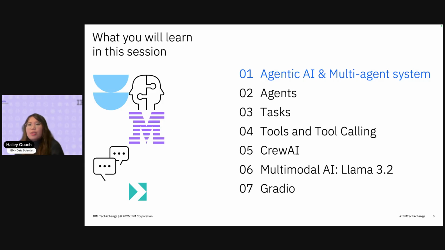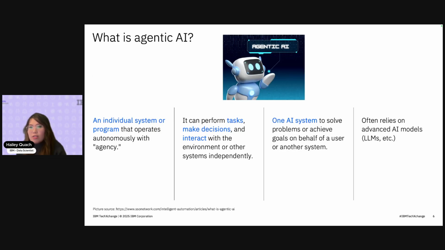Now to go into the core concepts of the app, we are going to start with agentic AI and multi-agent systems. If you have attended the previous sessions in the morning, I'm sure you have heard a lot about agentic AI and multi-agent systems. Here, I'm just gonna quickly recap what these are. An agentic AI refers to systems that operate with autonomy.